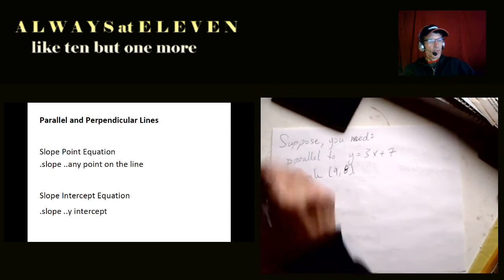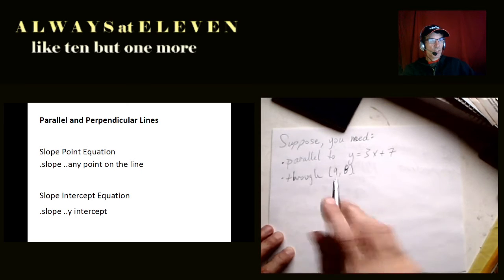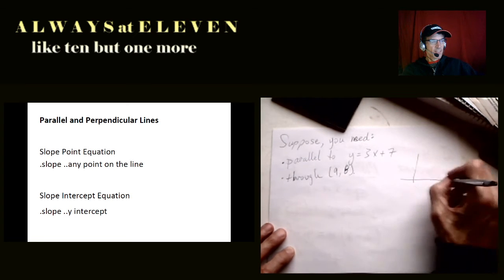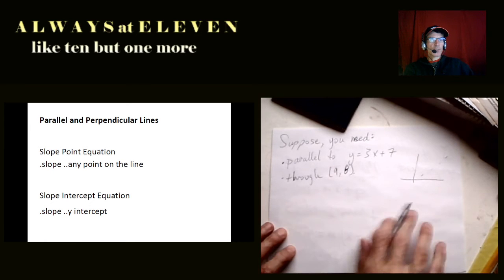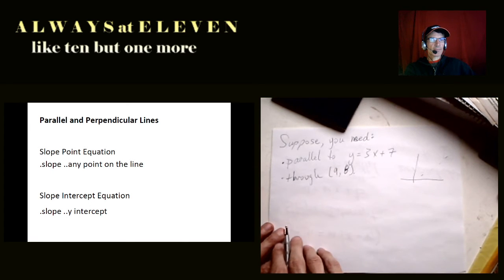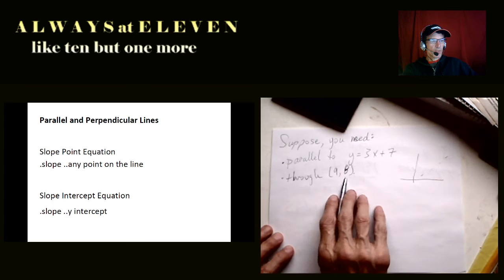And remember, you might be asked these things in real life so that it fits the data that you get from some experiment of some sort. So this is the situation. You need a line that's parallel to this one and passing through this point.